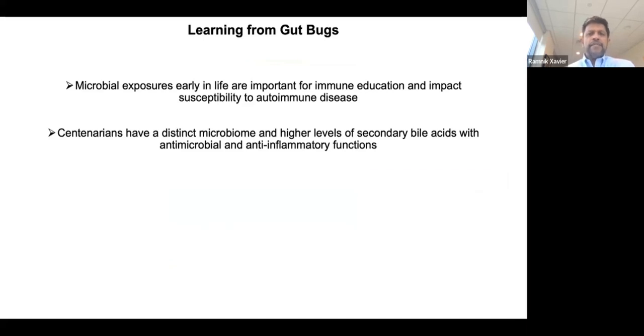So I've told you so far that microbial exposure early in life is important for immune education and susceptibility to autoimmune disease. And I've told you about centenarians having a distinct microbiome and higher levels of this special class of secondary bile acids that's associated with antimicrobial and anti-inflammatory effects.